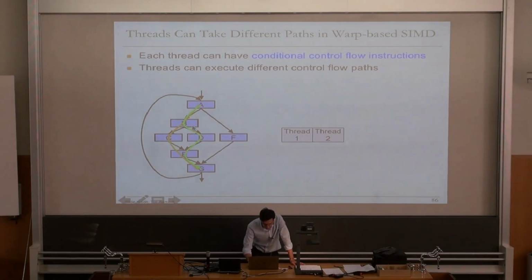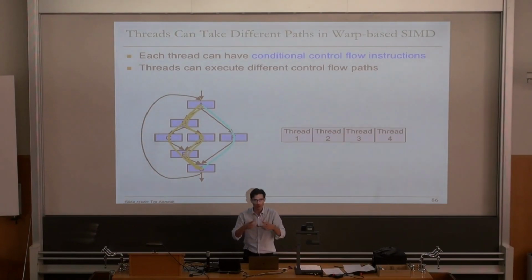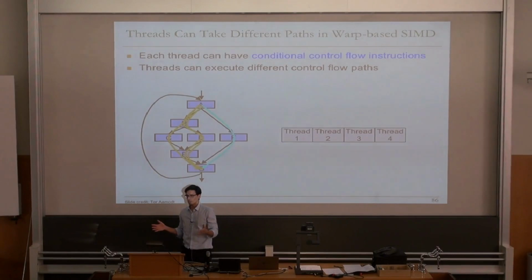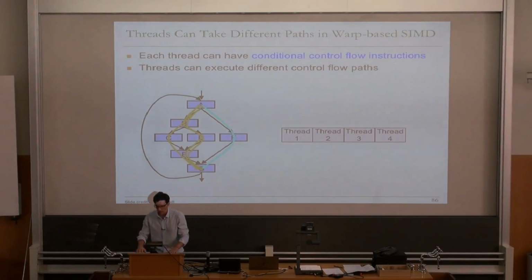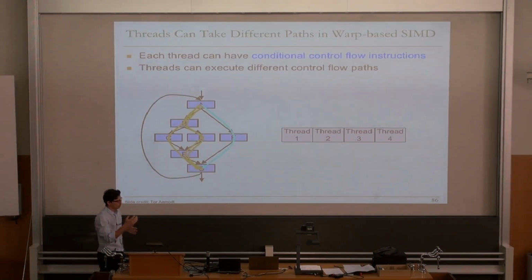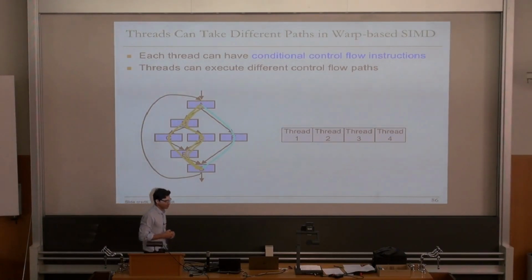For example, here we have thread 1 going this way through basic blocks A, B, C, E, and G, and then we have thread 2 that goes this way, and thread 3, and so on. So each of these threads is going through different control flow paths. And this is something that is not, in principle, allowed in vector processors, but here it's something that we can do.